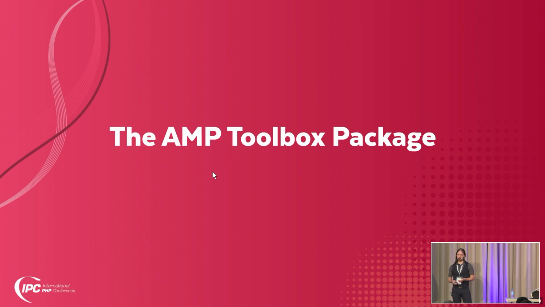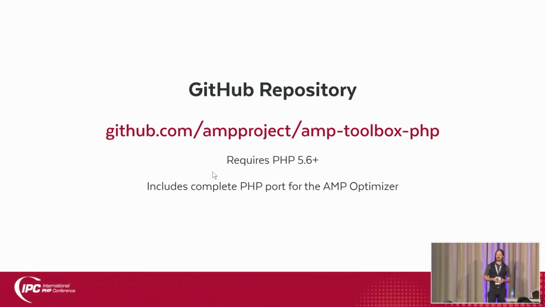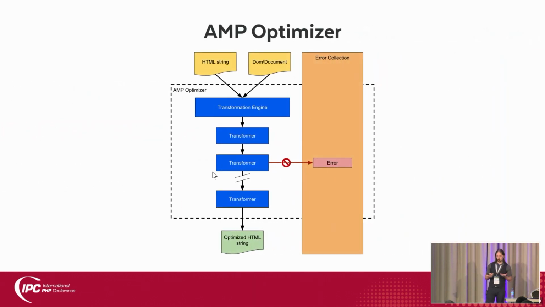This project produced some tooling in PHP to automate a few of these things, and one of these was the AMP optimizer that is part of the AMP toolbox repository. And the AMP optimizer is basically a pipeline where you put HTML in and you get better HTML out.